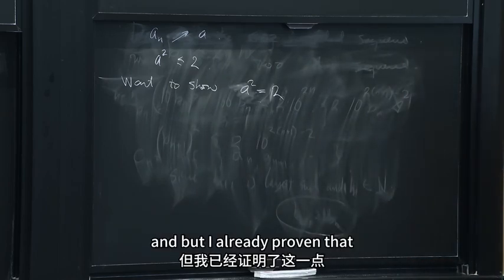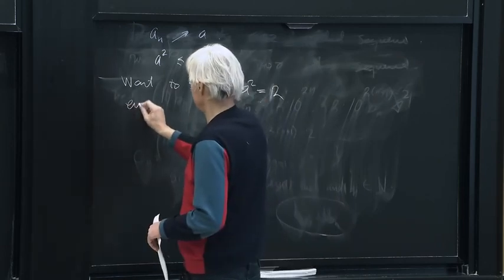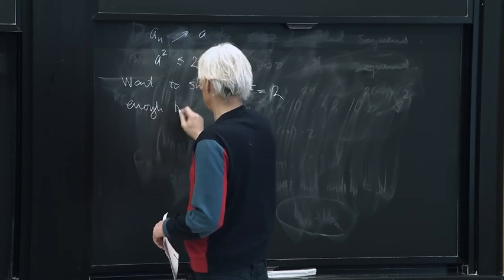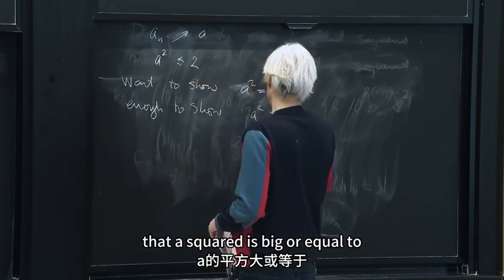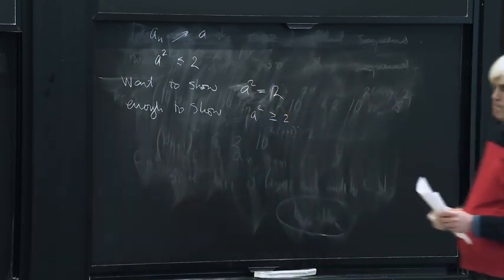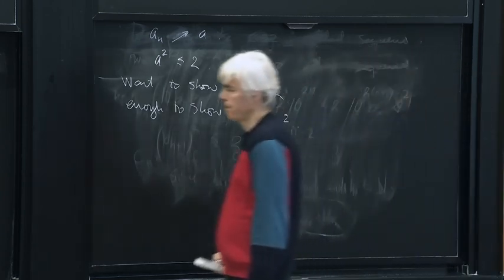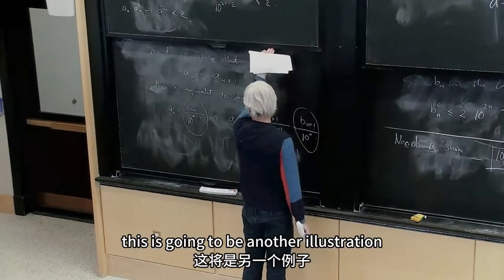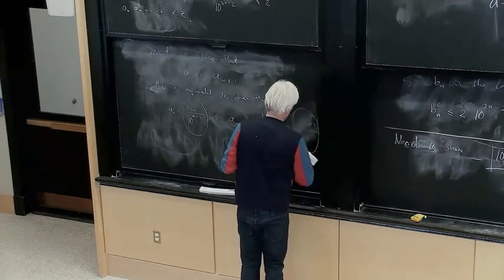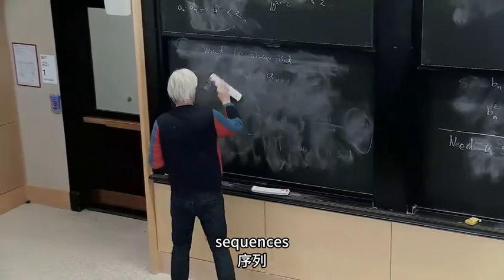But I already proved that a squared is less or equal to 2, so it's enough to show that a squared is bigger or equal to 2. Right? Okay, so let's try to do that. And this is going to be another illustration of the algebraic rules for sequences.